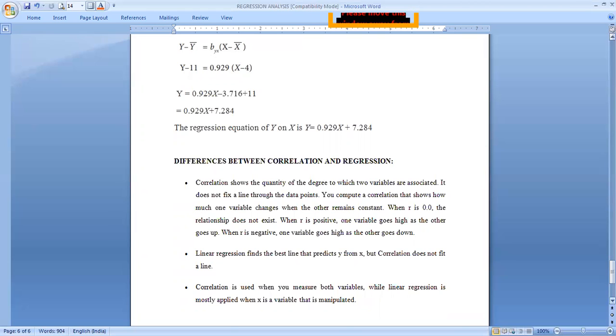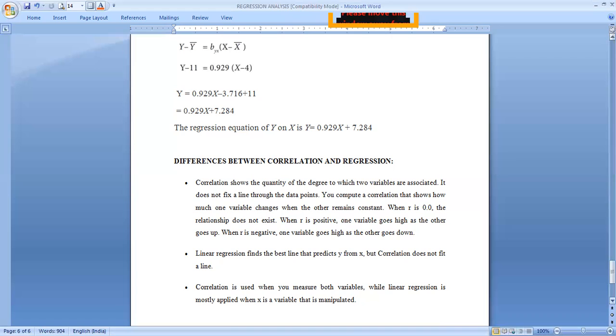When r is equal to 0, the relationship does not exist. Here r is called the coefficient of correlation, and when its value is 0, the relationship is not existing and the two variables are not called correlated. When r is positive, one variable goes high as the other goes up. When r is negative, one variable goes high as the other goes down.